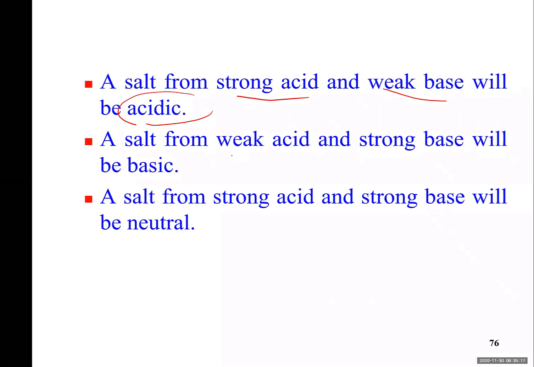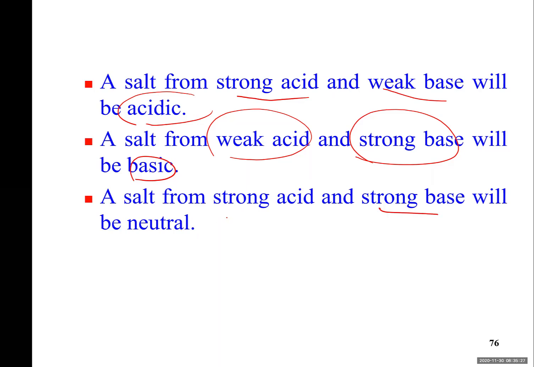Salts from weak acid and a strong base will be basic. And salts from a strong base and a strong acid will be neutral because there is no stronger partner. So that's a general rule. We give you a salt, break it down to the parent of the salt, acid and base. Simply find the stronger partner. That defines the property of the salt. If they're both strong, the salt is going to be neutral.